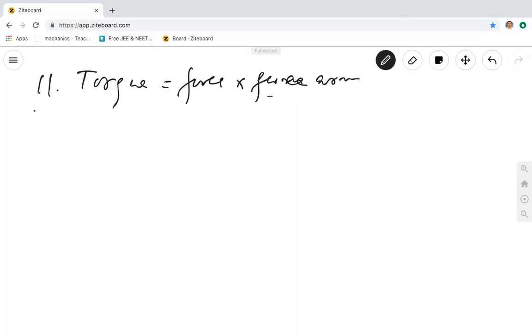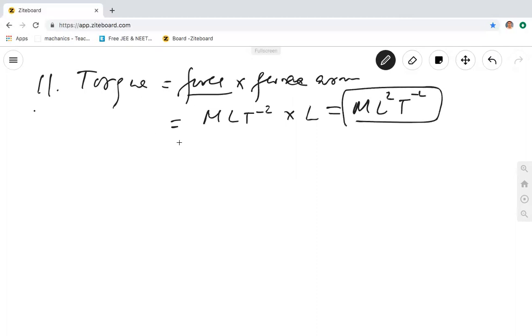Force is M L T minus 2, and the arm is nothing but length. So it is M L2 T minus 2, the same as energy. Although torque and energy are different physical quantities, they have the same dimensions. It is 1 in mass, 2 in length, and minus 2 in time.